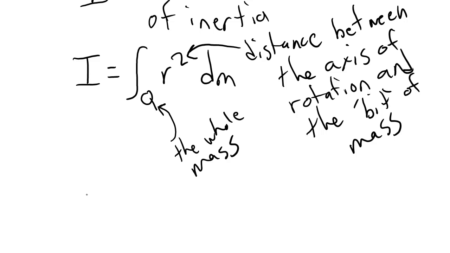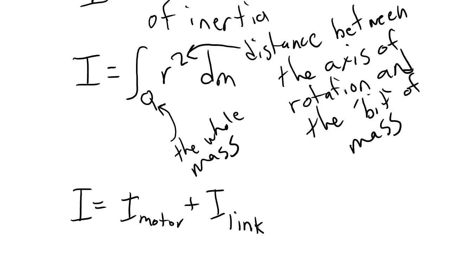The motor itself has some inertia that will be quoted in the motor data sheet. And if the amount of inertia of the motor is significant, you have to account for it here. Since the angular acceleration of the rod and the angular acceleration of the motor shaft is going to be the same, since the motor shaft is coupled to the rod, we can lump together the inertia of the rod and the inertia of the motor.